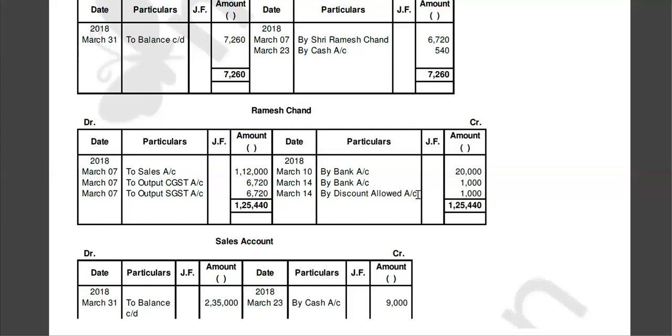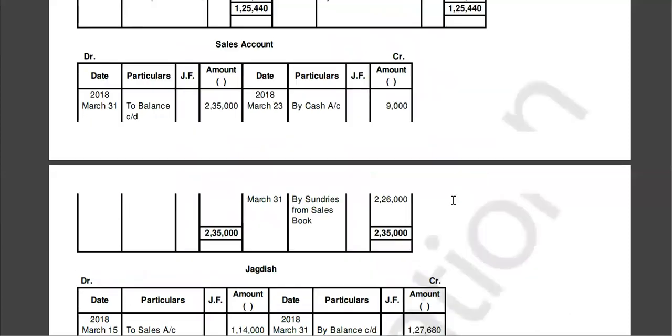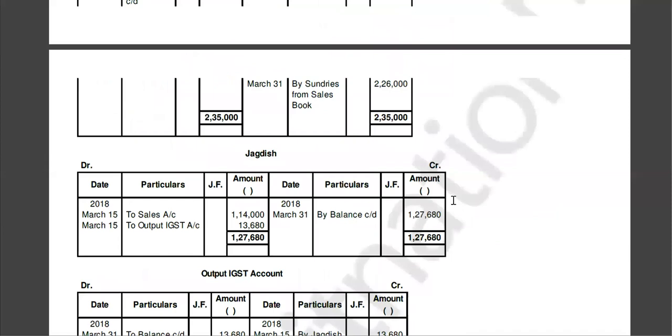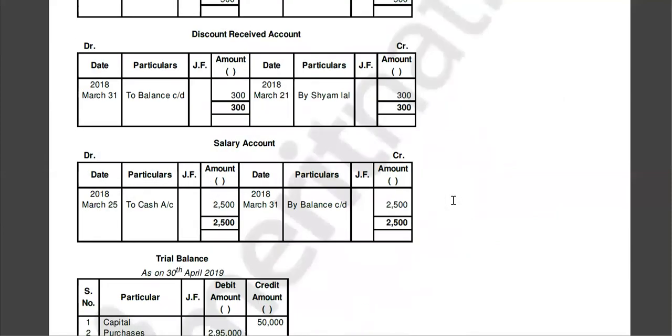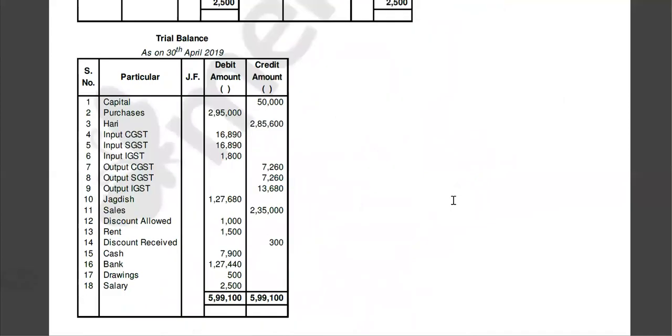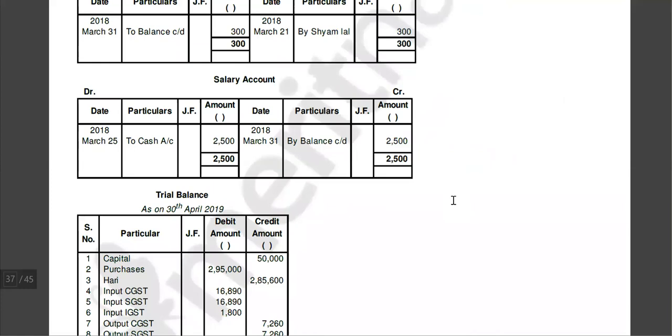So you have to write discount allowed 1,000 rupees. The same way you have to create Jagadi's account and output IGST, CGST. Around 2 hours it will take for one sum. So the next step you have to move on.